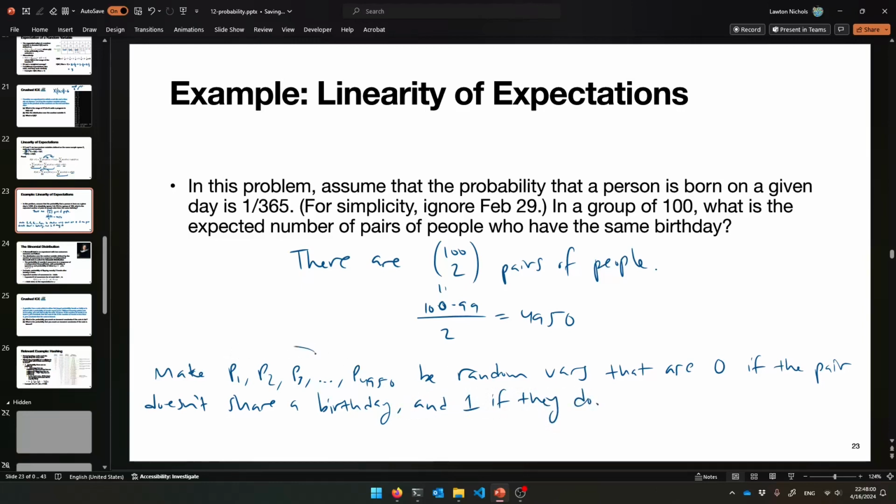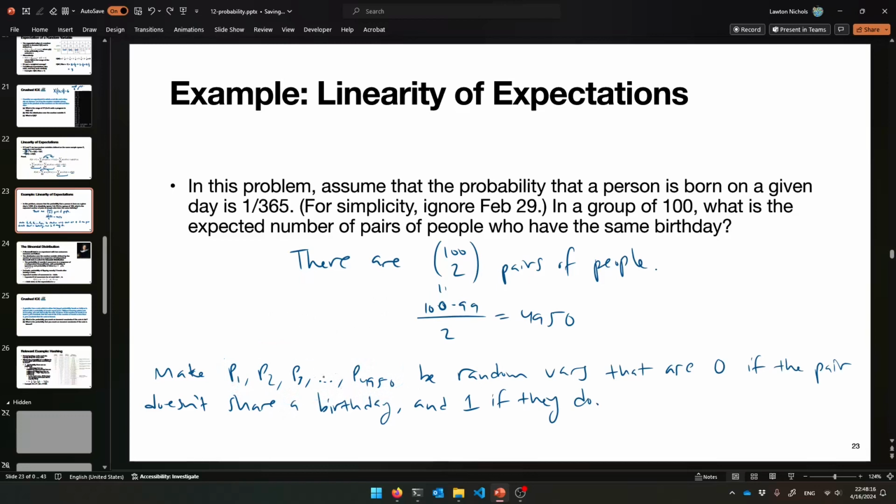Do you see how if I were to add these up, and do it a bunch of times across a bunch of trials, I get, on average, how many people have a birthday in common? Because it would be 1 if they do share one, 0 if they don't.